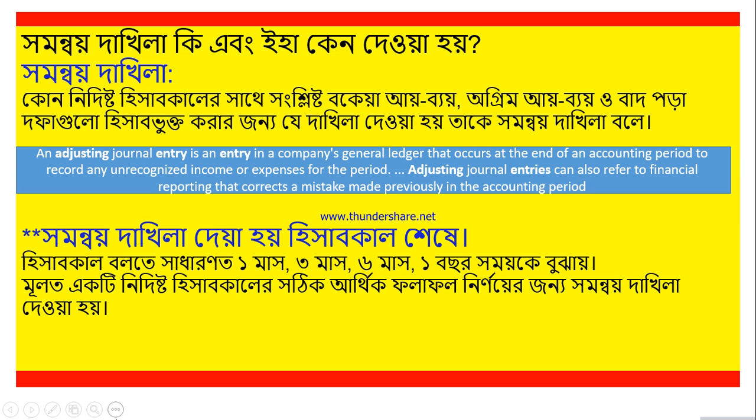Adjusting entries are strongly required for getting the right financial position of the company. So in a nutshell, adjusting entries are required at the end of the respective accounting period for showing the actual financial position of the company or the business.